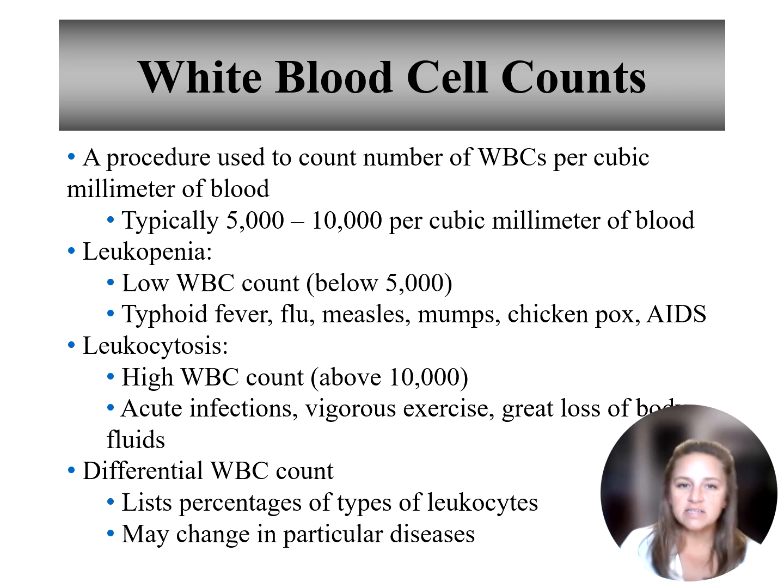So a white blood cell count is a procedure that normally, if you were sick and you went to the hospital, the first thing they might do is a blood panel where they would look at your white blood cell count and be able to tell if you are dealing with some sort of immune response. It counts the number of white blood cells per cubic millimeter of blood, and typically it's between 5,000 and 10,000 white blood cells per cubic millimeter of blood.